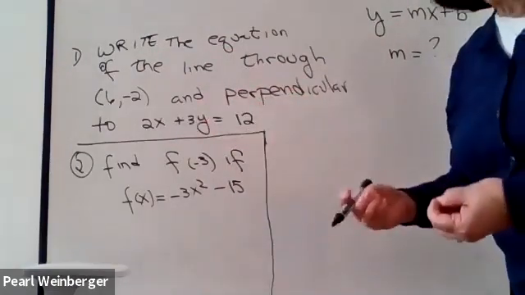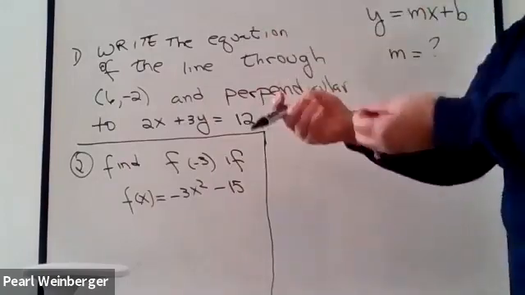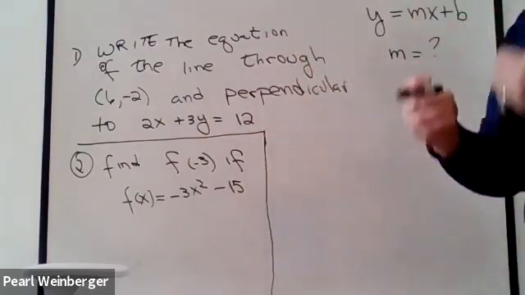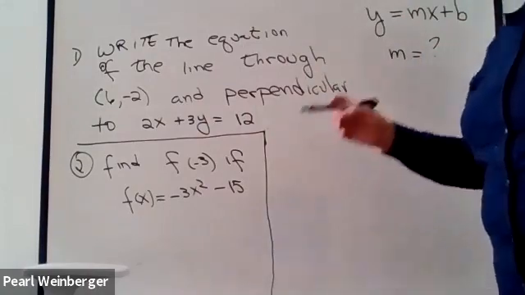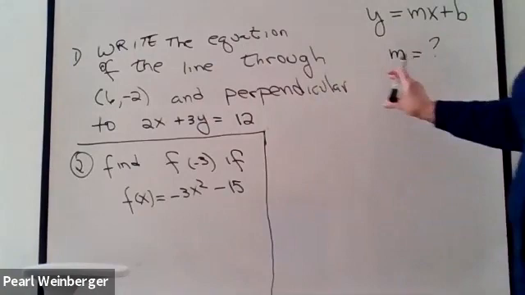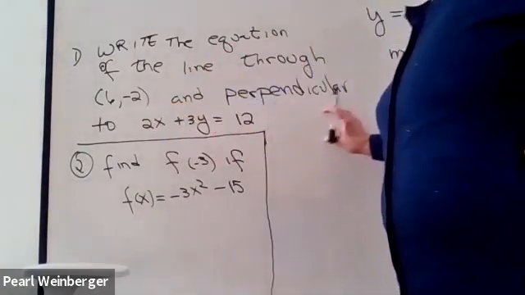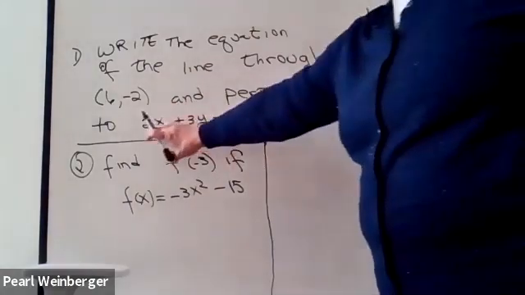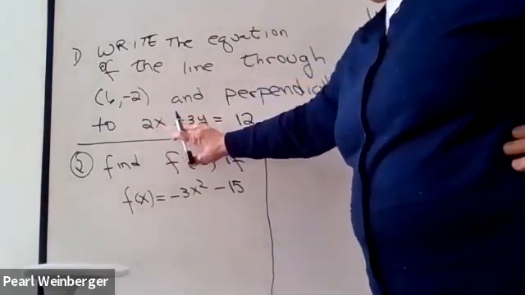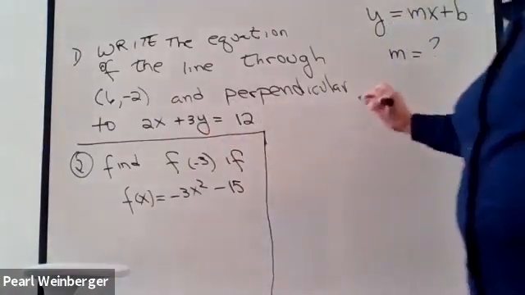Notice when we go to graph the line, we actually go to the y-intercept first. But when we want to write the equation of the line, the first thing we want to do is find the slope. And the only clue about the slope is that it's perpendicular to the line 2x plus 3y equals 12.